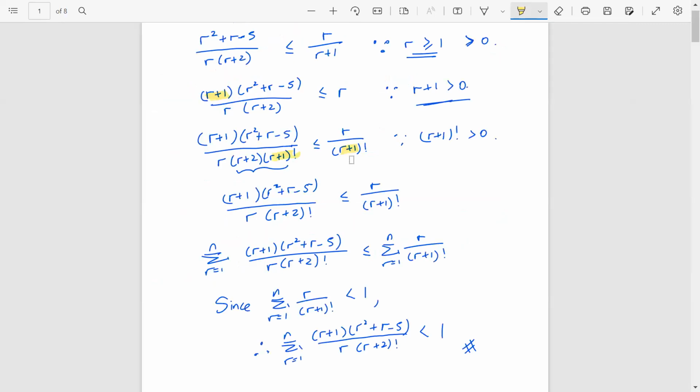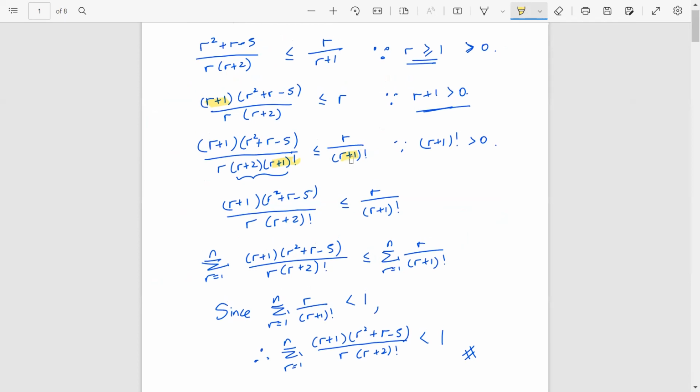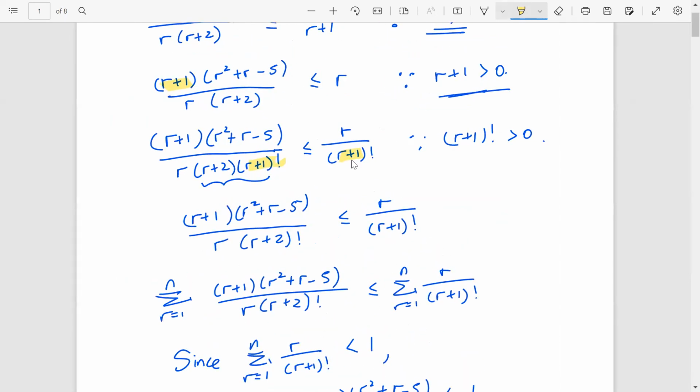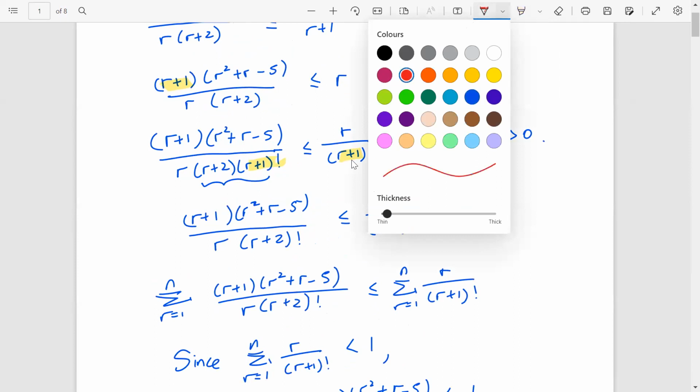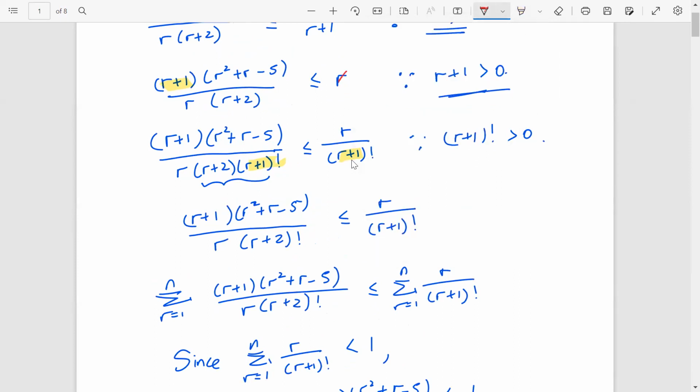Of course, I changed a little bit. Okay, if we want to bring here to become 1, also can. Then r squared, then multiply on both sides. If I want to be exactly backwards, I would have used this to be 1 and just multiply by another r here. So here will become r times r. Then after that, I will multiply by r over r plus 1 factorial on both sides.